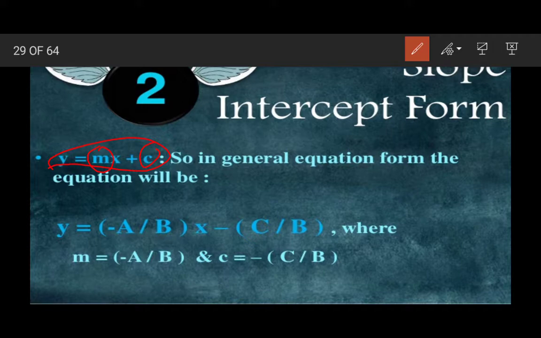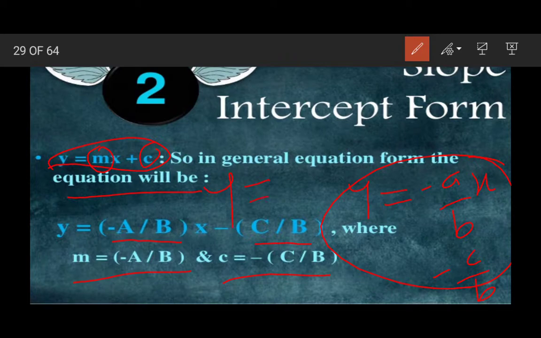So from the general equation form, the equation will be y is equal to minus a upon b into x minus c upon b, where m is equal to minus a upon b and c is equal to minus c upon b. So in equation form we can write this as minus a upon b x minus c upon b. This is the general equation, and this equation is the slope intercept form.